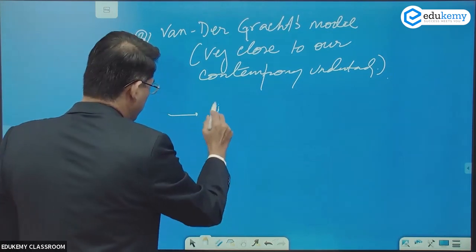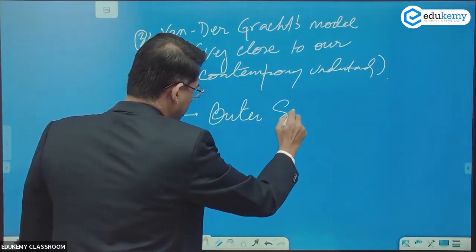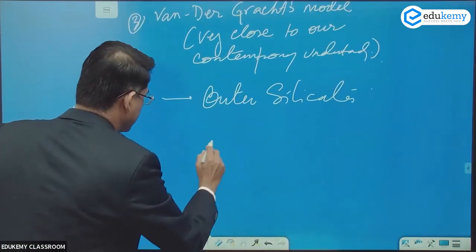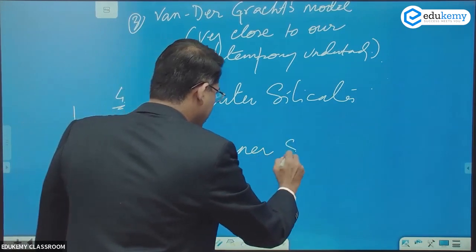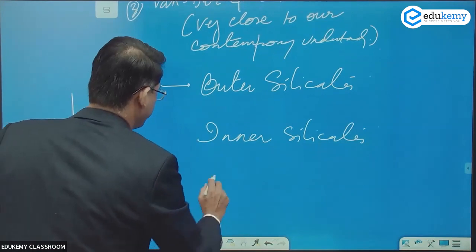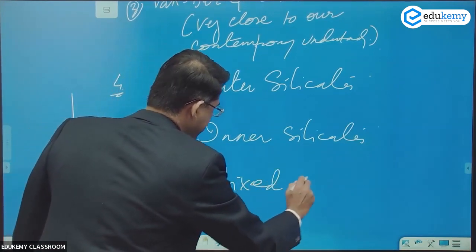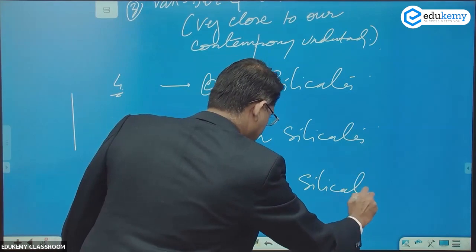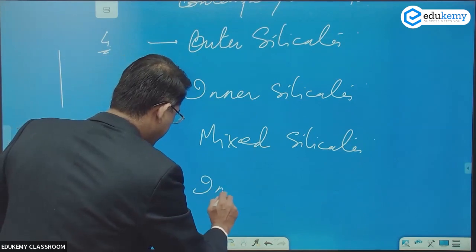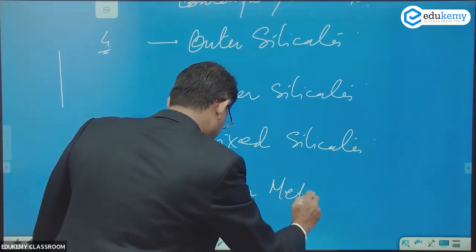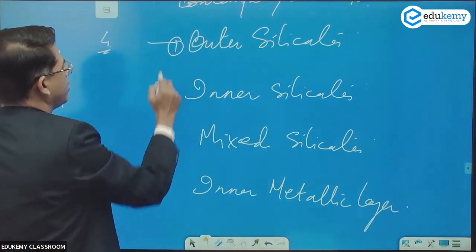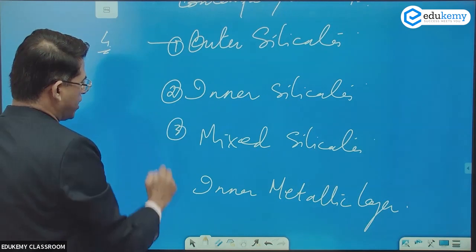The 4 layers include the outer silicates. The next layer is the inner silicates. Then we have the mixed silicates, and then we have the inner layer, the inner metallic layer. 4 layers hai. 1, 2, 3, and 4.